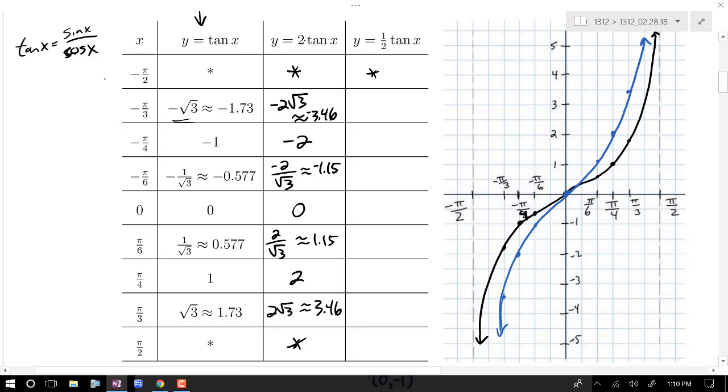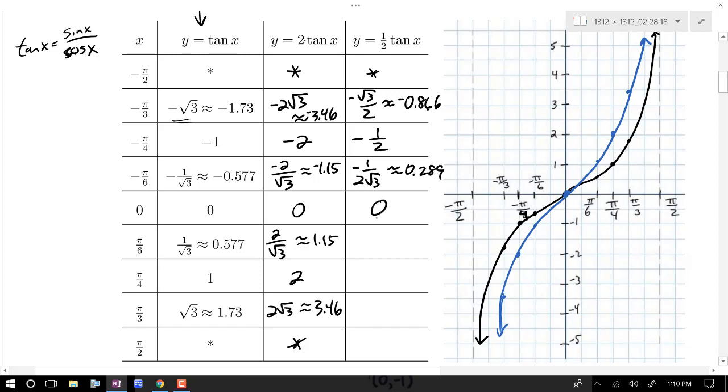Same deal. We're going to take the values in the tan x column, and then instead of doubling them, we'll just cut them in half. So this would be -√3 over 2, which is about -0.866. This would be -1/2. This would be -1 over 2√3, or about -0.289.